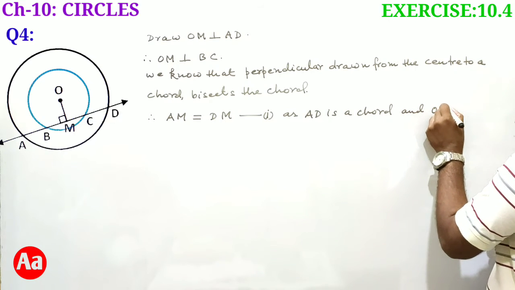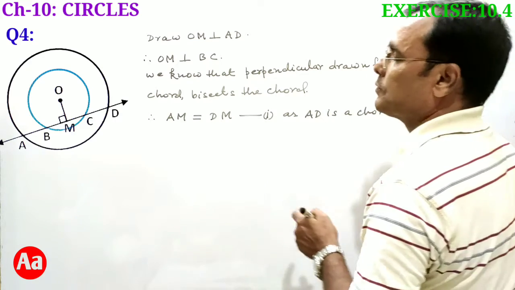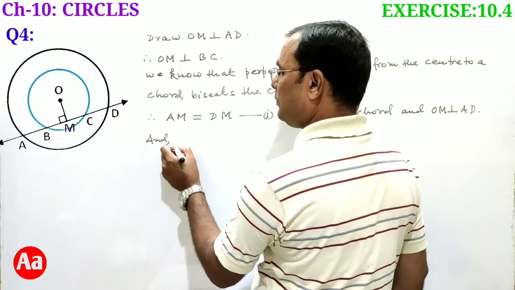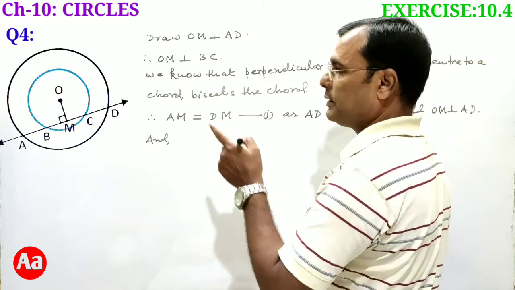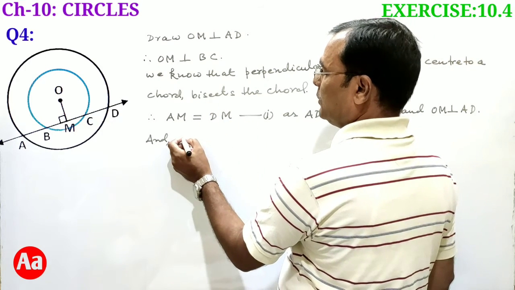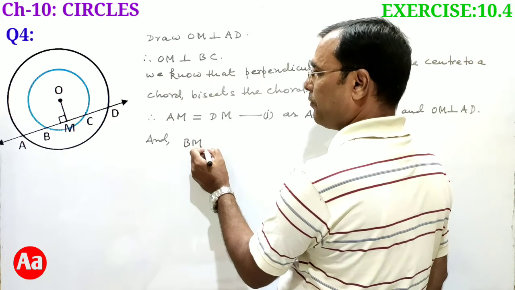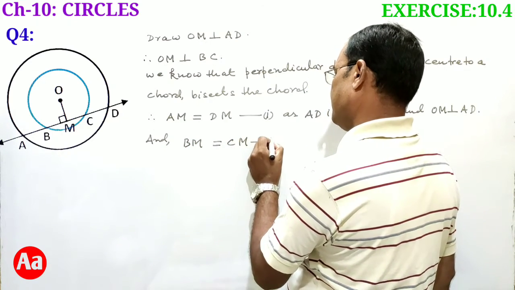And also BC is a chord and OM is perpendicular, so we can write BM is equal to CM.